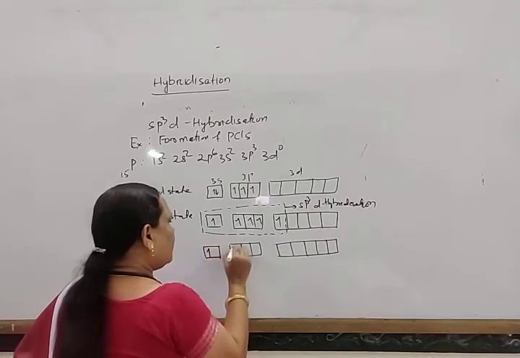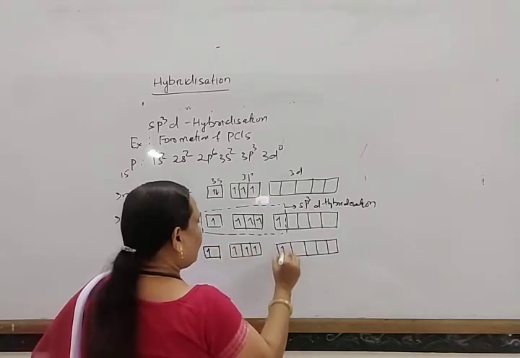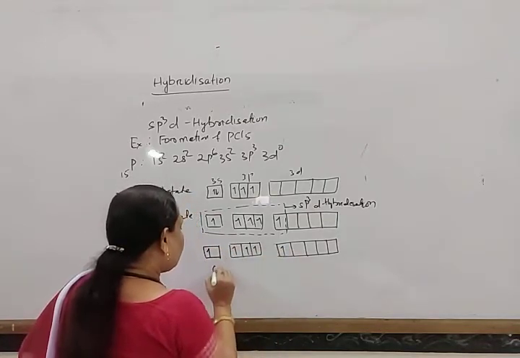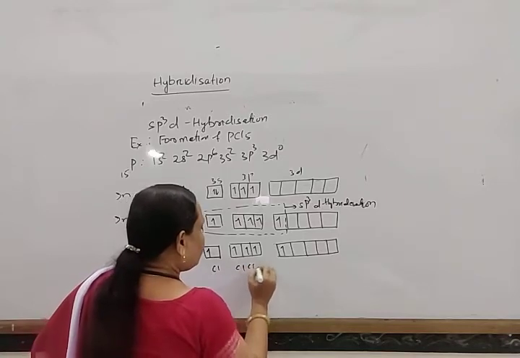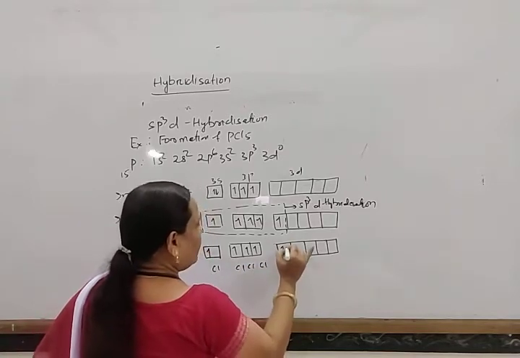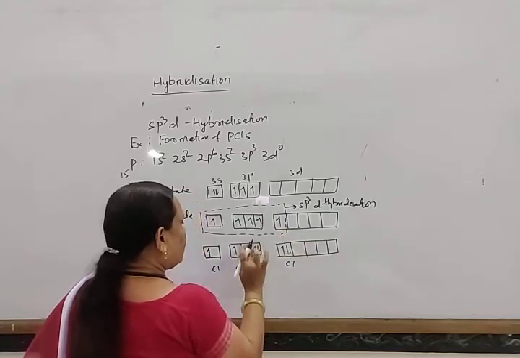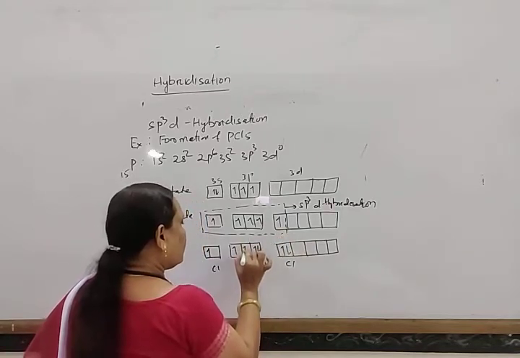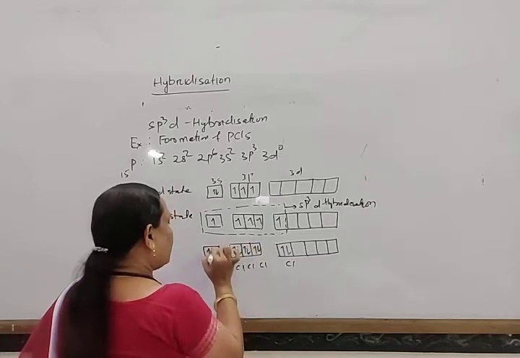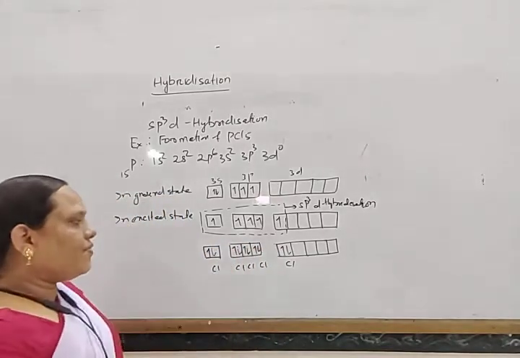So 1, 2, 3, 4, 5, and these are shared with chlorine, 1 electron each: here one for chlorine, here one for chlorine, and so on.